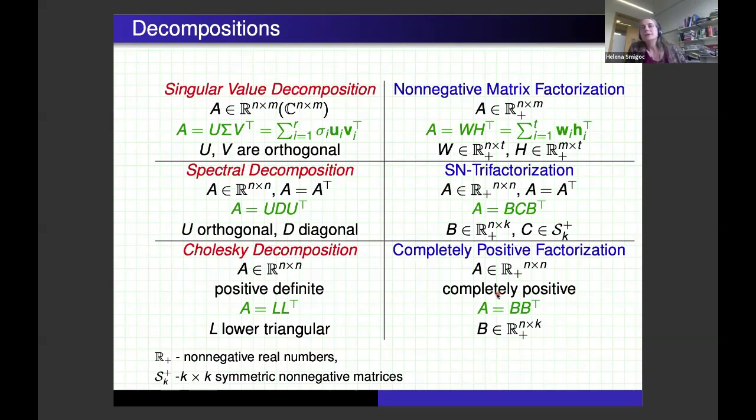Here we require matrices B and C to be non-negative, and we want C to be symmetric as well. And as we've seen in the spectral decomposition, if I see the product B C B transpose, I notice that this matrix will be symmetric immediately if I know the matrix C is symmetric. And of course, it's also non-negative.